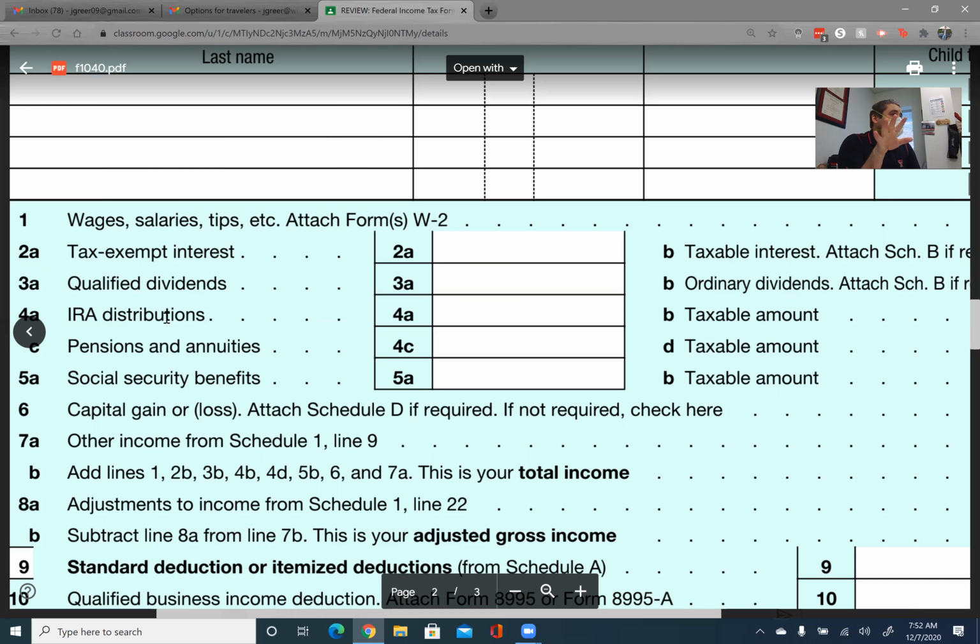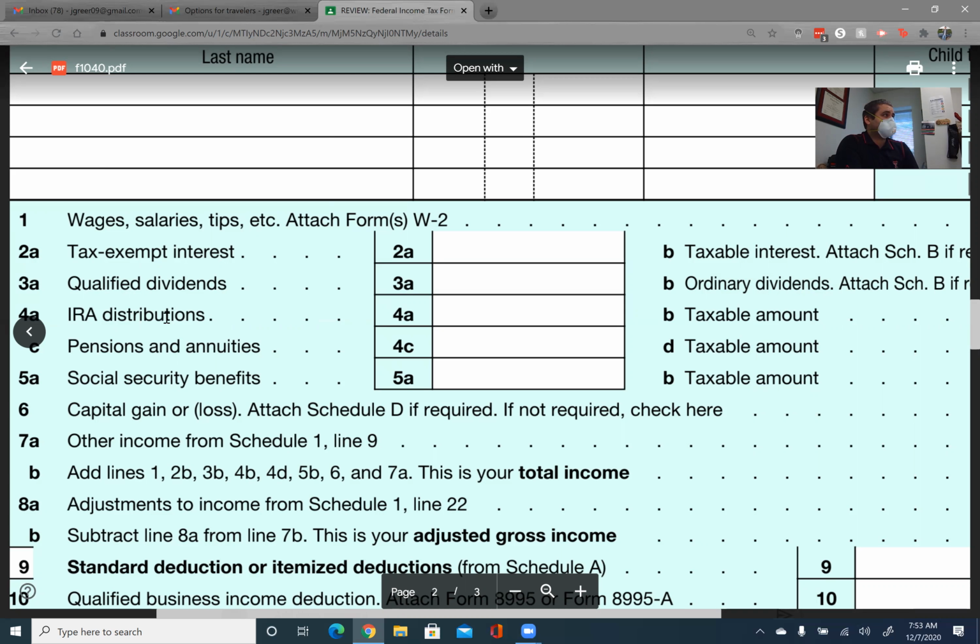So in our samples, if we have someone under the age of 59 and a half, should there be any IRA distributions? Why? Yeah, it's not the age that qualifies. If they do it, what are they going to get hit with? A 10% penalty.